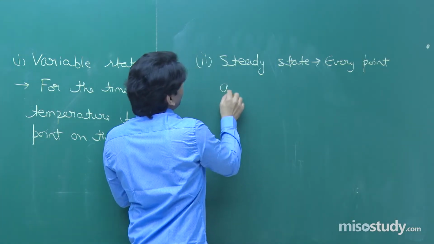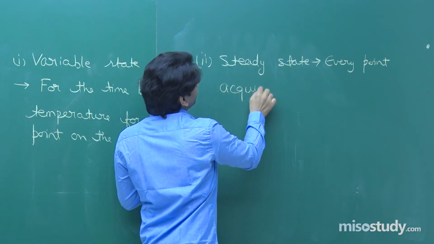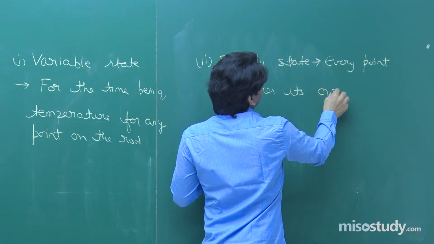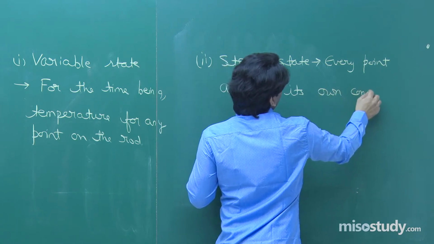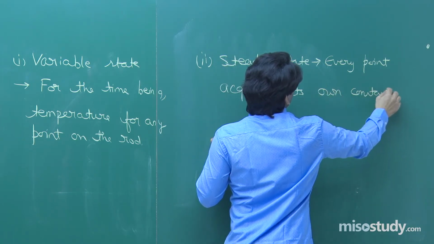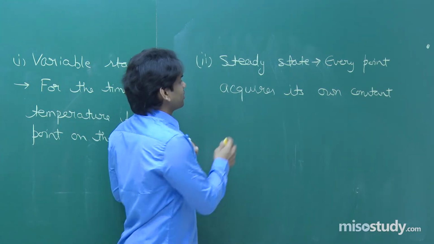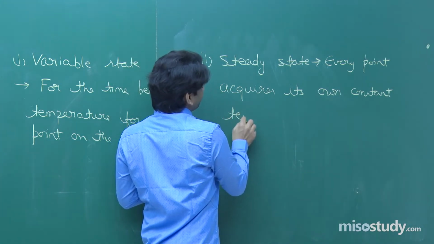Every point acquires its own constant temperature. Why am I saying its own? Because every end will have a different temperature.